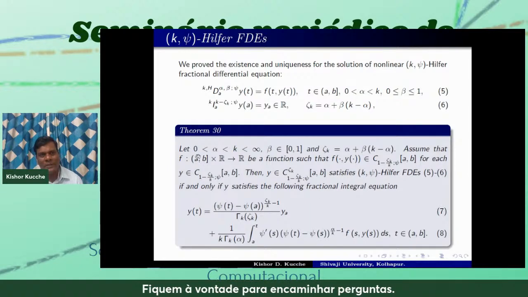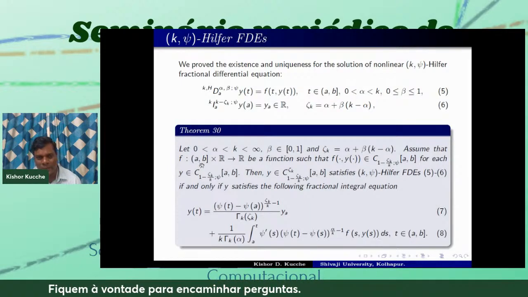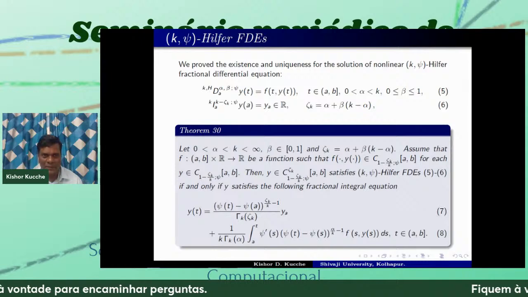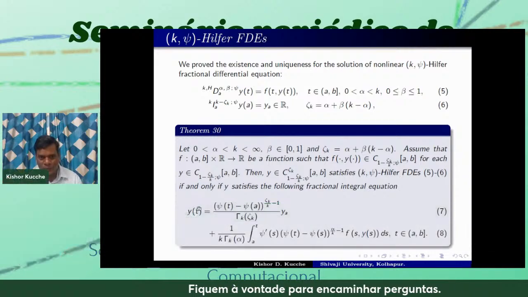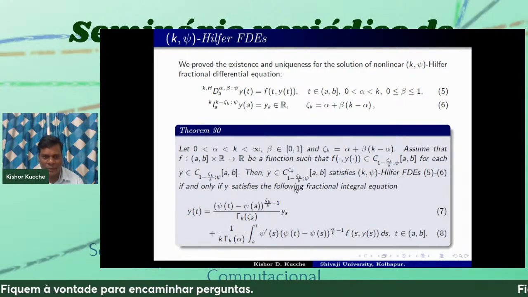So whatever results we have proved for the K-Psi Hilfer derivative, K-Psi Riemann-Liouville derivative, and K-Psi Riemann-Liouville fractional integral, that result we have utilized to prove this result. Of course, I am not presenting here the outline of the proof.